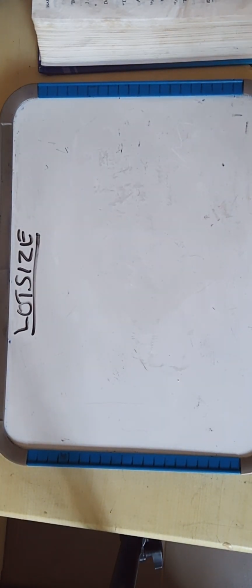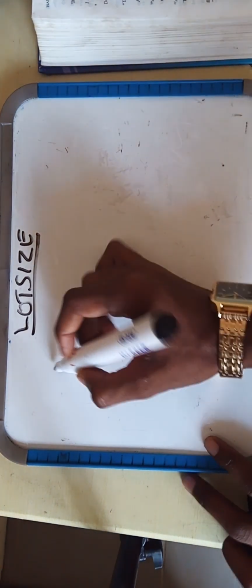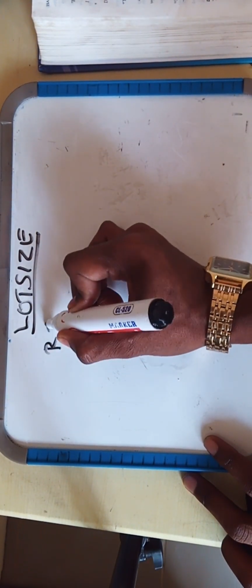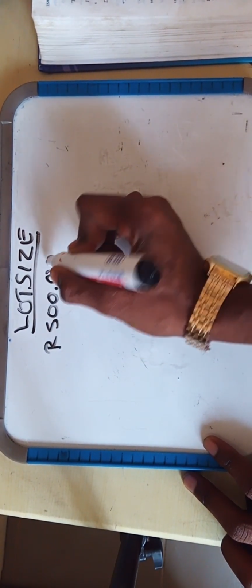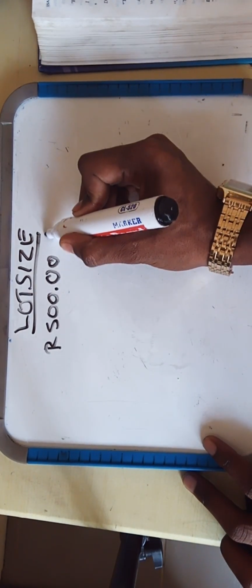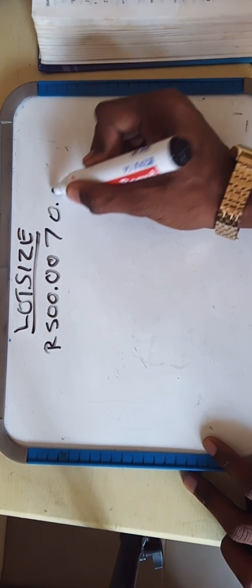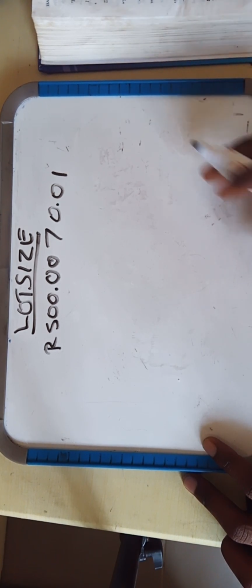Remember, as a trader, you need to have a specific lot size that you use on a daily basis. But remember, you are only required to increase your lot size when your account is increasing. So, for example, if you start with a 500 Rand account, you are using a lot size of 0.01 each and every day.